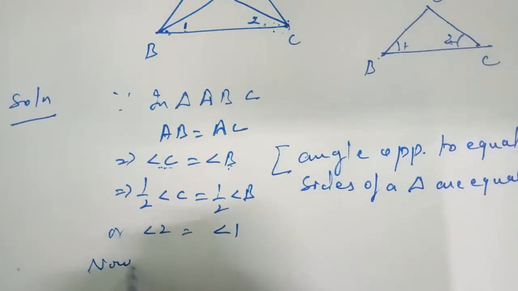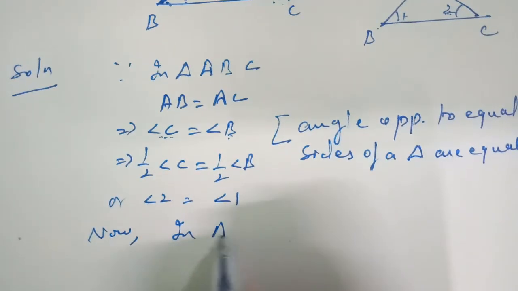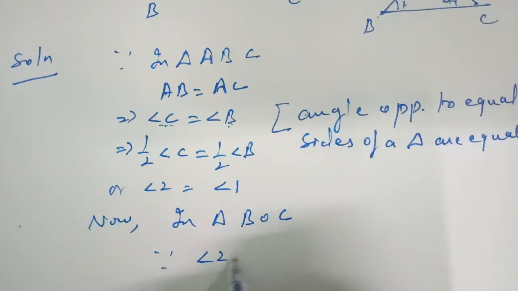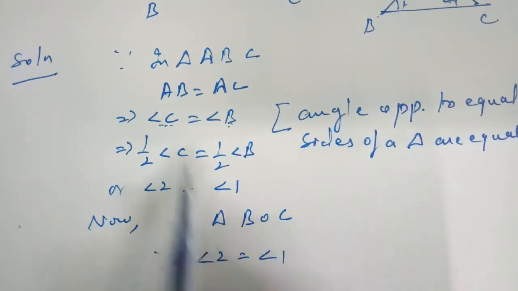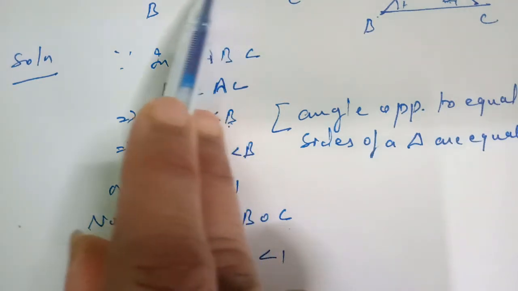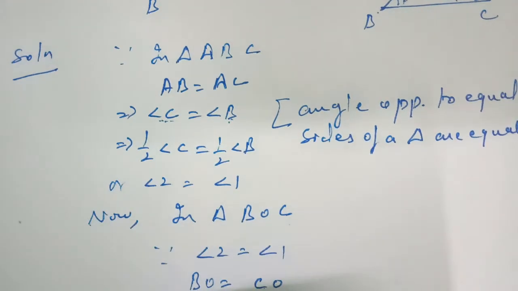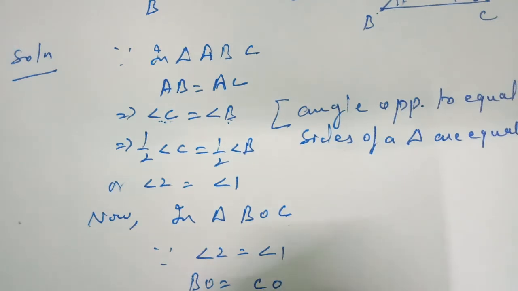Now, in triangle BOC, since angle 2 is equal to angle 1, the side opposite to angle 2 is BO, and BO is equal to CO, the side opposite to angle 1. So this is the first part which we have to prove. You can write BO equal to CO or OB equal to OC, both are correct.